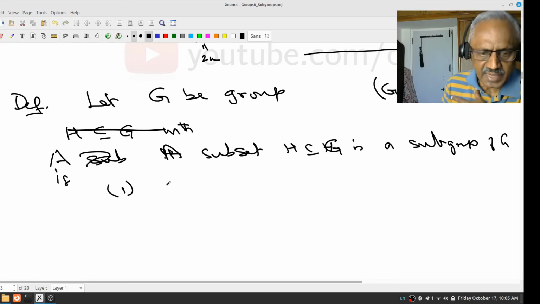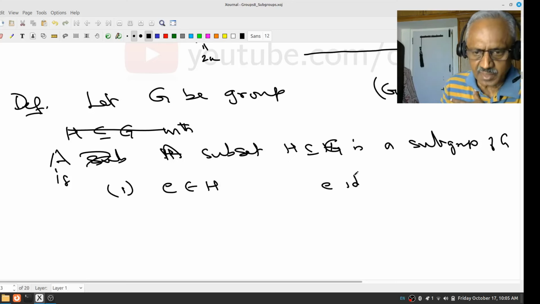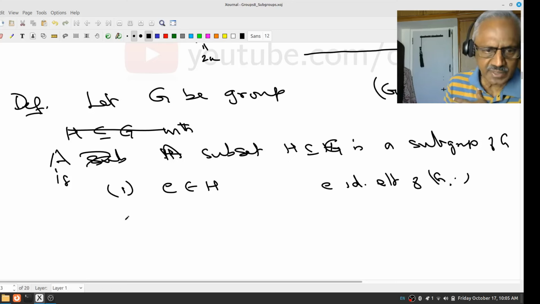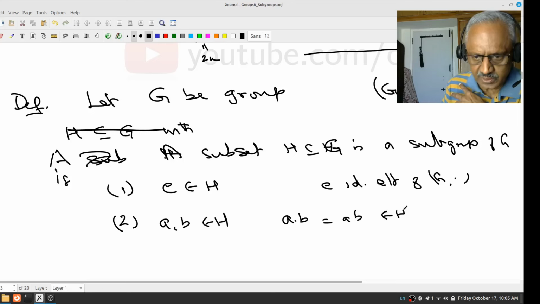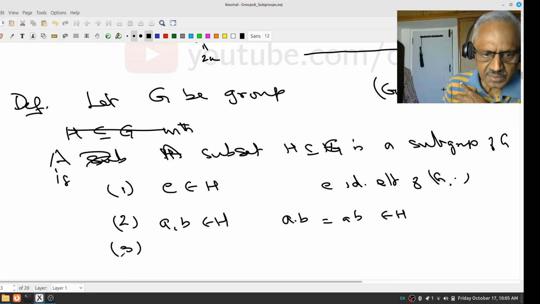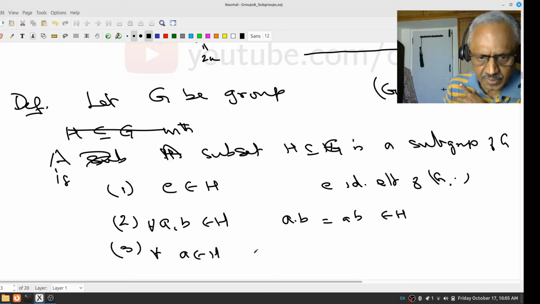One, the identity element E of G is an element of H. Two, whenever A and B are in H, A dot B, that is AB, should also be in H. Three, for every A in H, the inverse A inverse is also in H.